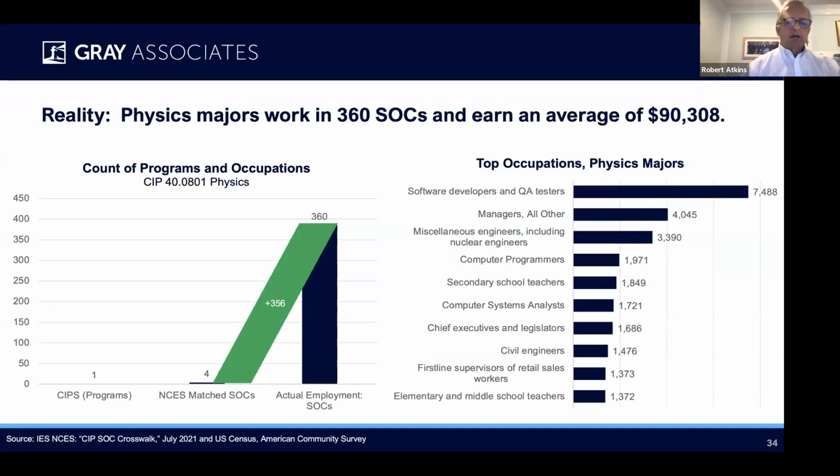In reality, physics majors go into 360 fields, not 4. And number 1 doesn't sound like something that has anything to do with physics. It's software development, and it's number 1 by a long shot. Then we have engineering, computer programmers, yes, some teaching, but also computer systems, CEOs, civil engineers, and so forth. And this list goes on for 360 slots.